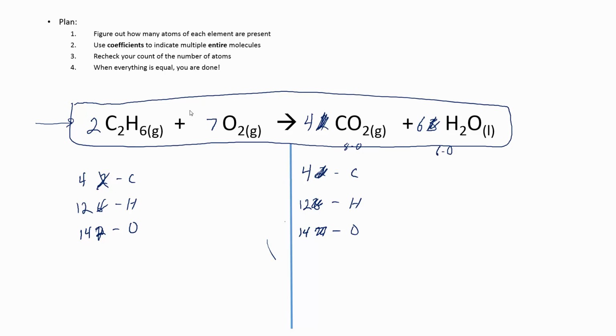That was the simplest whole number ratio. I have the same number of atoms on each side, so it's balanced. No matter what, you know when you're right, because the number of atoms is the same on both sides. So these are great to have on tests because it's the kind of problem where you know you get it right or you know you don't, and you keep trying.